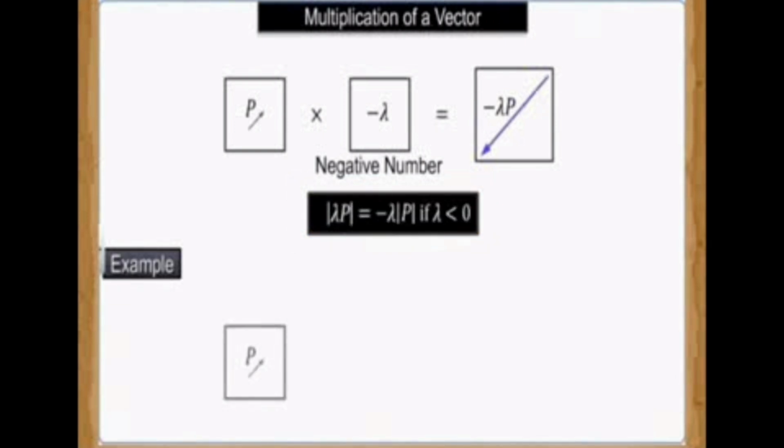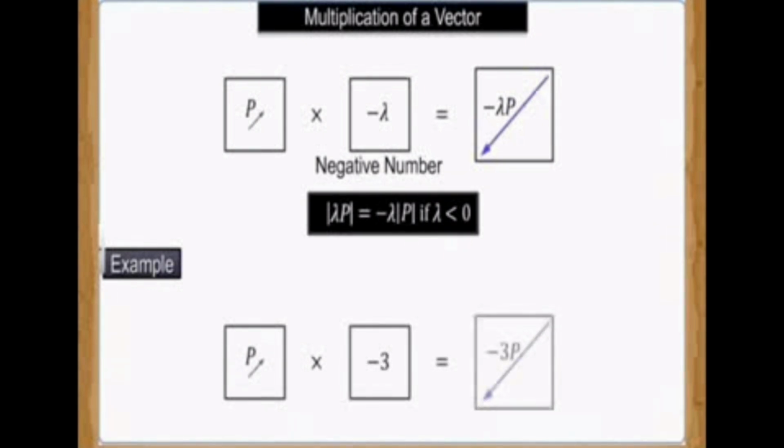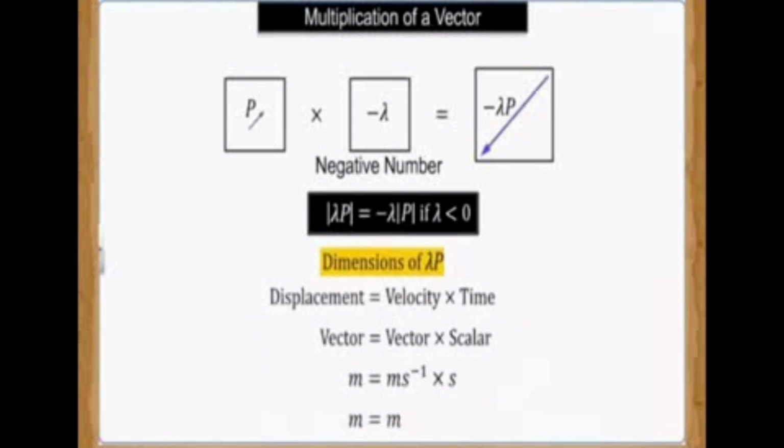For example, multiplying the vector p by minus 3, you will get minus 3p. The vector is also in the opposite direction. So this is called a negative vector, and that value is less than 0, a negative value. Okay. So the dimension for the vector, that is m equal to m.